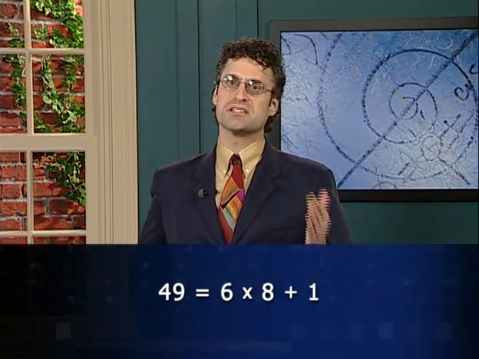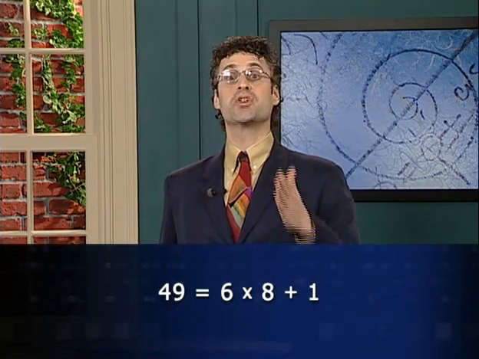Well, if we use the Euclidean algorithm with a and b, then those two numbers are relatively prime precisely when the last non-zero remainder that we see equals 1. For example, if we return to the pair 6 and 49, then we see that 49 equals 6 times 8 plus 1.